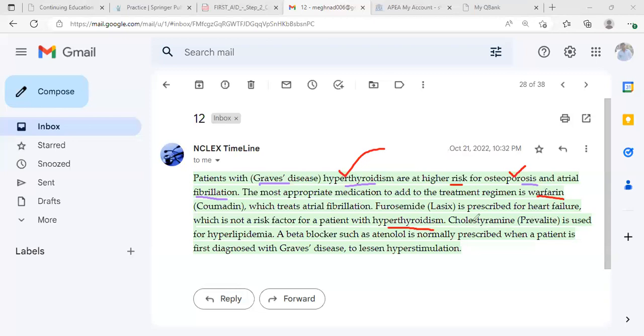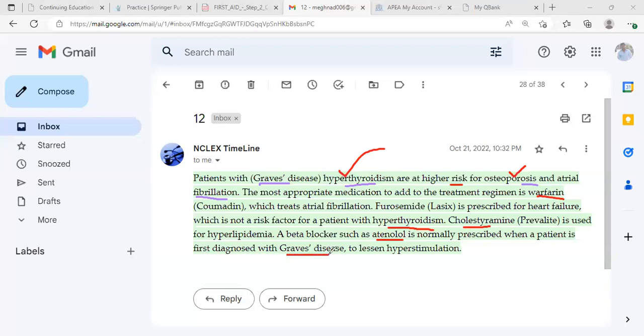Another medication called cholestyramine reduces cholesterol and is used for hyperlipidemia. A beta blocker such as atenolol is normally prescribed when a patient is first diagnosed with Graves' disease, right?